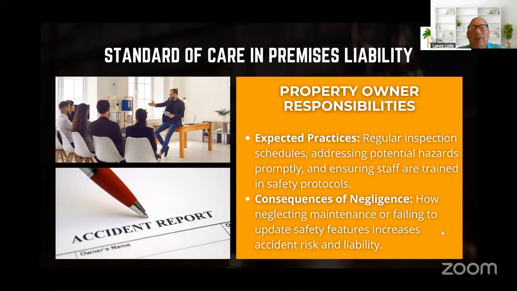If someone can get hurt on your premises, in your building, at your hotel, shopping center, condominium building, right? If there's a condition that causes somebody to get hurt, that's negligence already, because the standard of care is not met. The standard of care was below the industry standard bar.